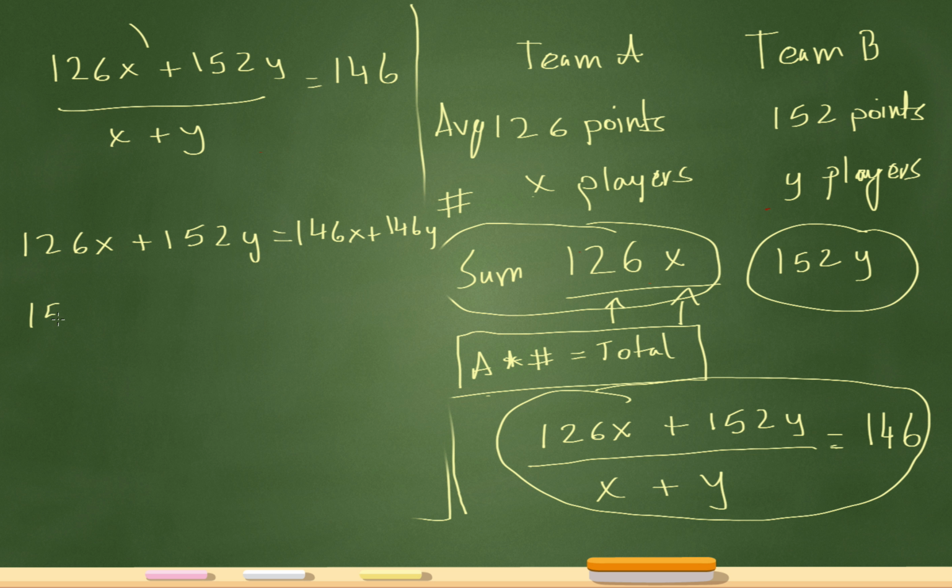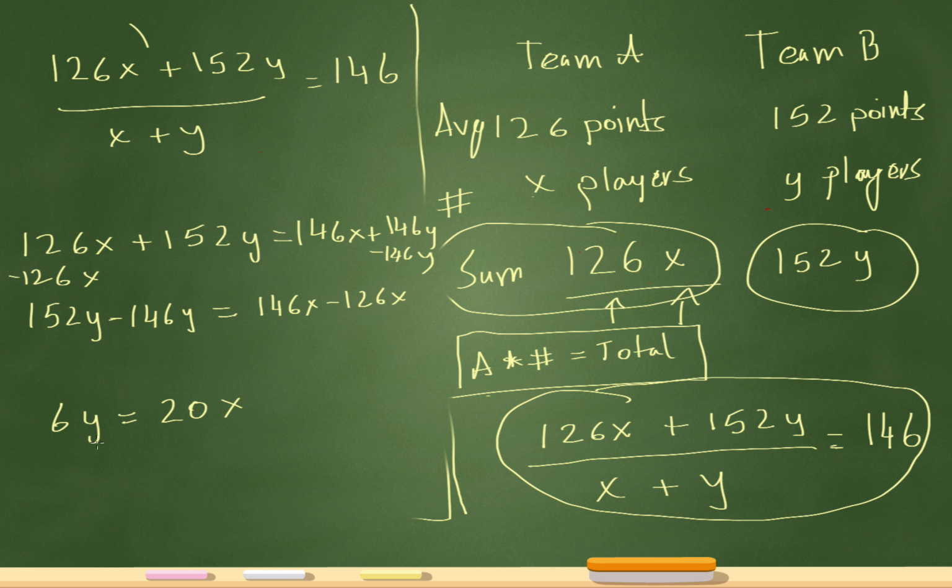So 152y minus 146y will equal 146x minus 126x. So I subtracted 126x from here, and I subtracted 146y from here. And then let's keep going. So 152 minus 146 will be 6y, and over here I'll have 20x.